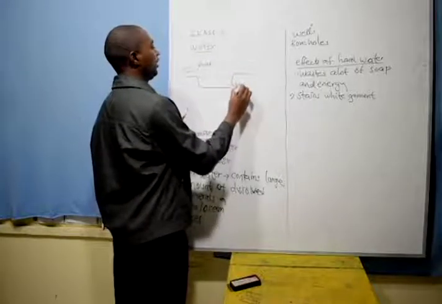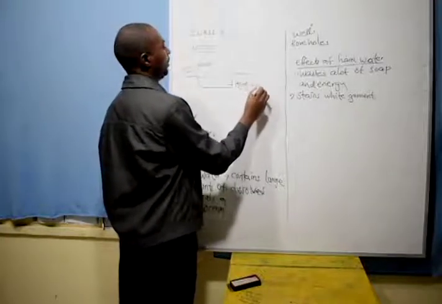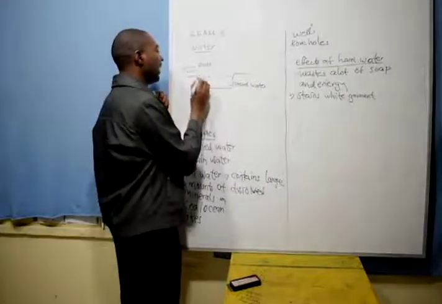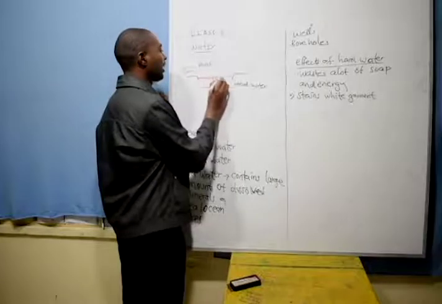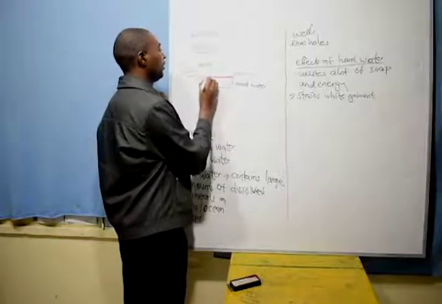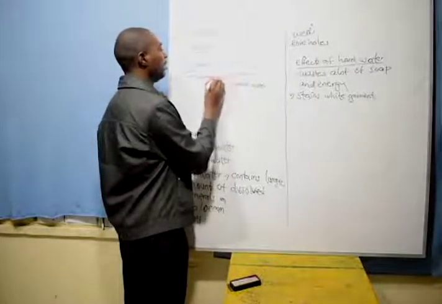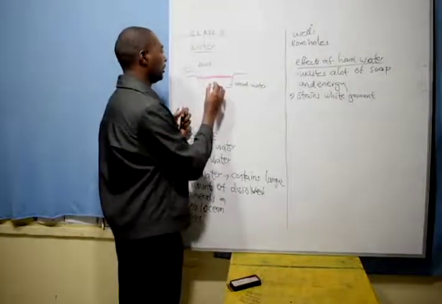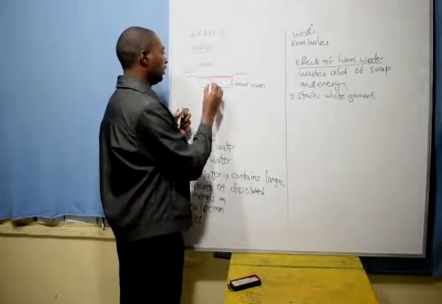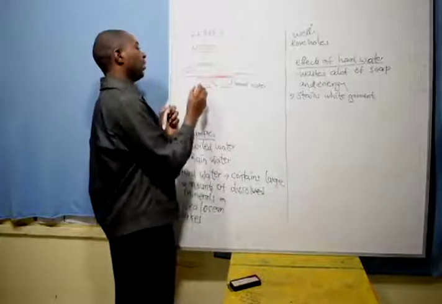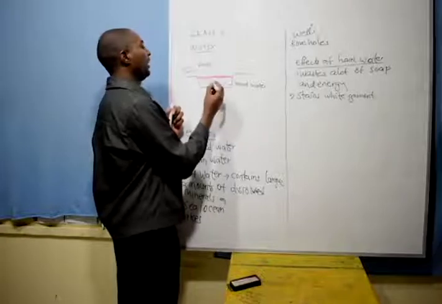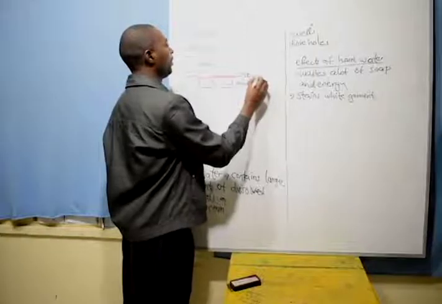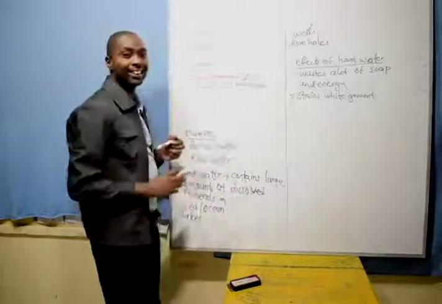This is hard water. What happens is that the soap and the minerals in this water react. Then they form a substance that floats here. This substance is mostly brown in color. So if you have your trouser here that you are washing, the moment it will be getting out of this water, what will happen? It gets this substance. This substance is known as scum.